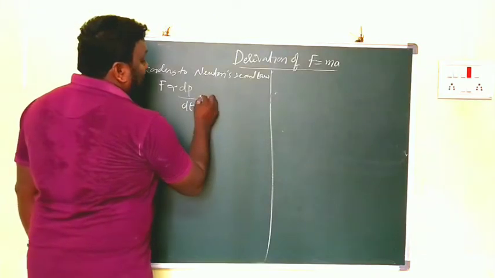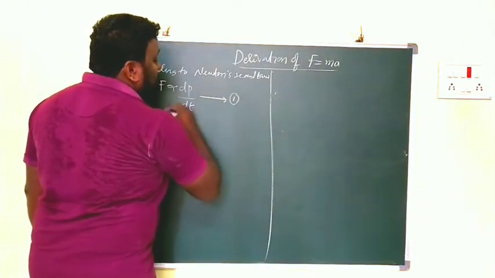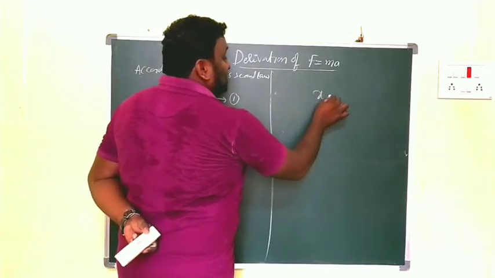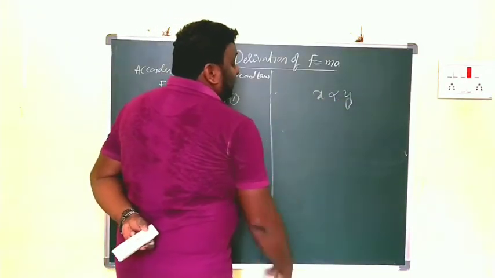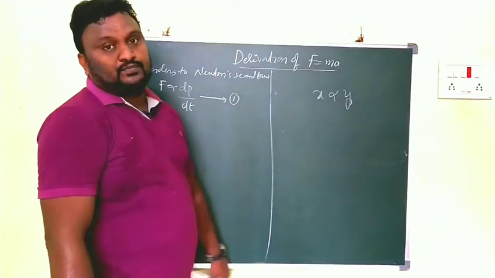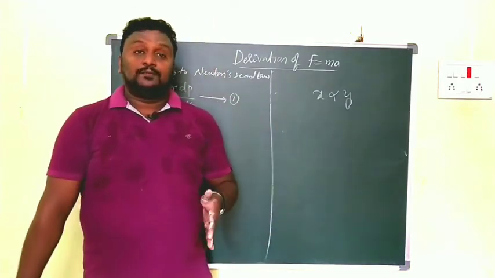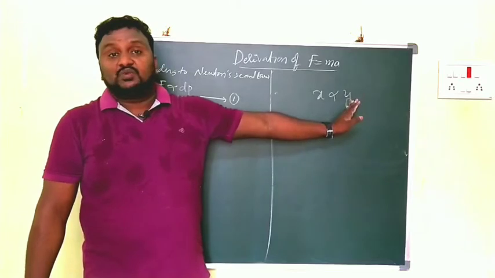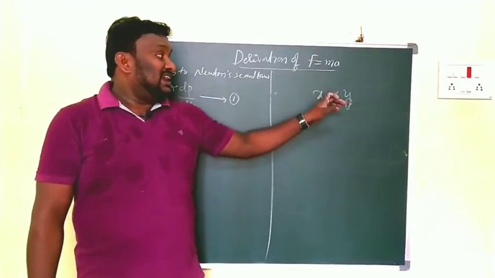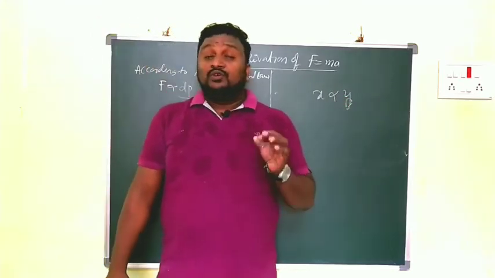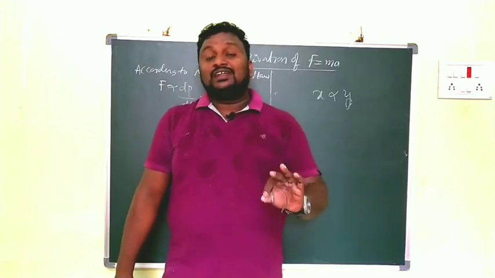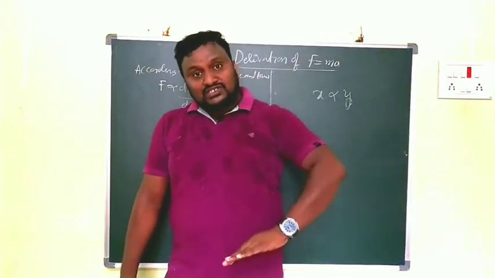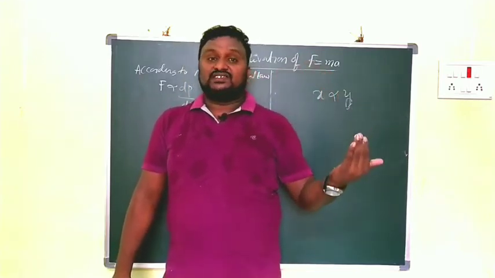I am taking this as equation number 1. Generally, when x is proportional to y, x is one quantity and y is another quantity. They are directly proportional, meaning if we increase one quantity, the second also increases, and if we decrease the first quantity, the second also decreases.